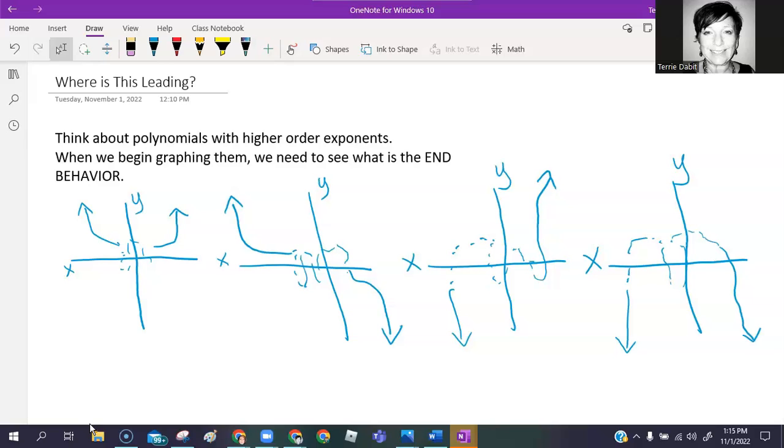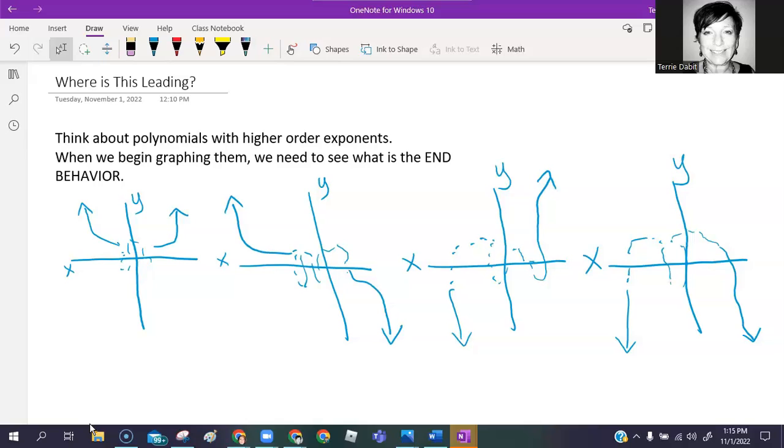So the first thing, what they're going to do is ask you, graph this polynomial. What I would do first is figure out what is happening on the left and right, because at least I know what's going up, down, or it could be both up, both down. At this point, we don't know what is going on in the middle. It might cross the x-axis 1 time, 2 times, maybe no times.